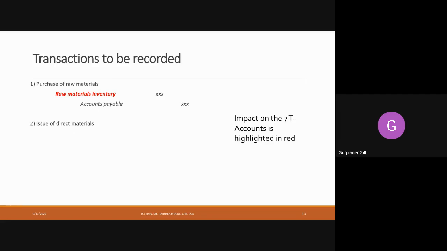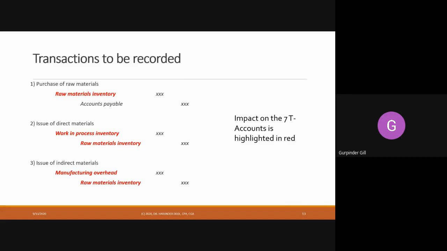Your direct material will become part of your work in process inventory. So work in process inventory is going up, we are debiting that, which means our raw material inventory is going down, so we are going to credit that account. Now that is only if your raw material was direct. If your raw material is indirect, then instead of going to work in process, it goes to the manufacturing overhead account. So we will debit manufacturing overhead and credit raw material inventory account.